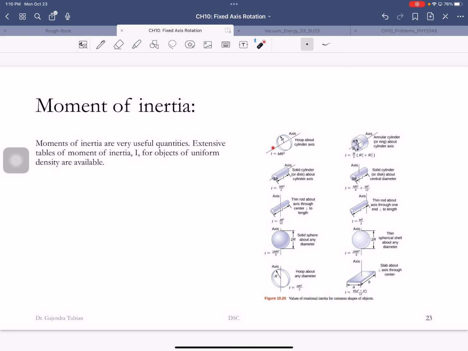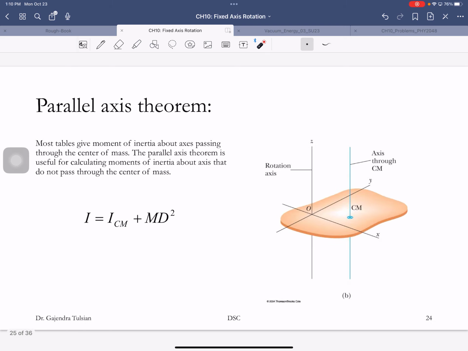Most of these tables give you the moment of inertia of a uniform object about an axis passing through the center of mass of the object. Sometimes you'll need the moment of inertia of the object about an axis that doesn't go through the center of mass.